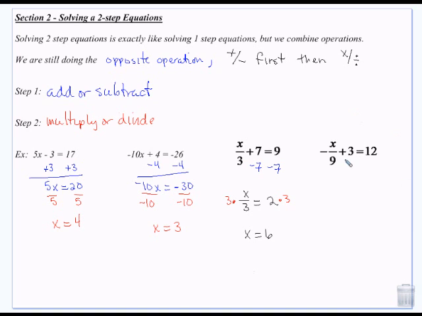Okay, and again, here they added, so I'm going to subtract. Now, if this negative is out front, we're going to, again, multiply by -9 to take care of the negative at the same time. Because they divided, so I'm multiplying, so I get -81.